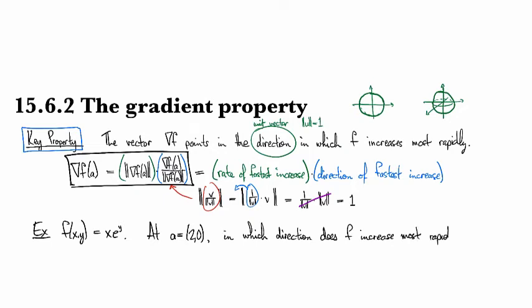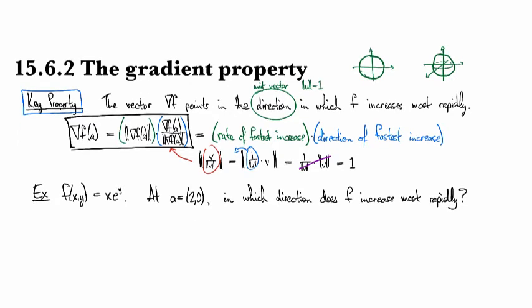We find the answer by computing the gradient and then evaluating the gradient at this point. The gradient of f is going to be, if I take the x derivative, I get e to the y. If I take the y derivative, I get x e to the y.